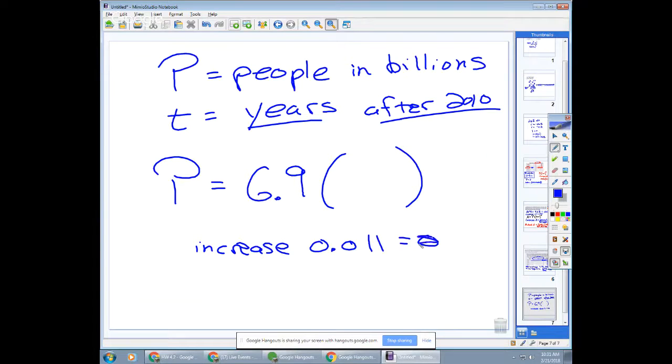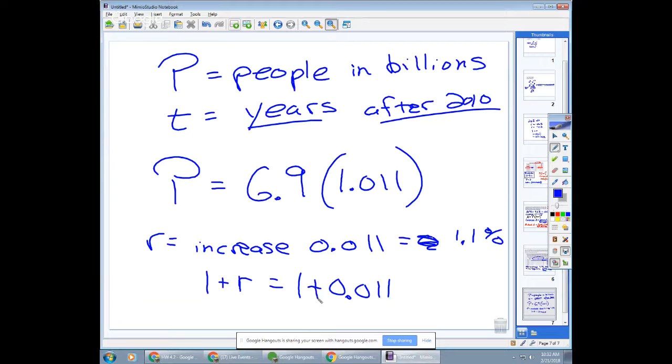That's that 1.1%. What do I do with that percent increase? Add it to 100%. Yeah, so that's going to give me 1.011. So we'll always take our rates and add it to 1. So that's what we call our growth multiplier.